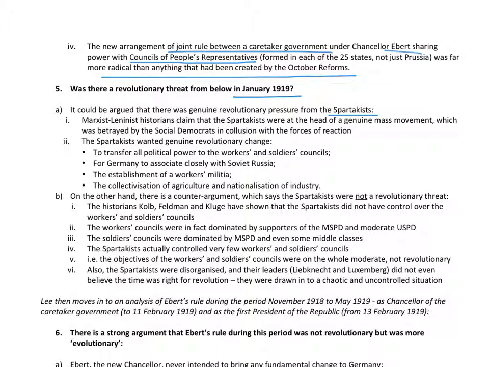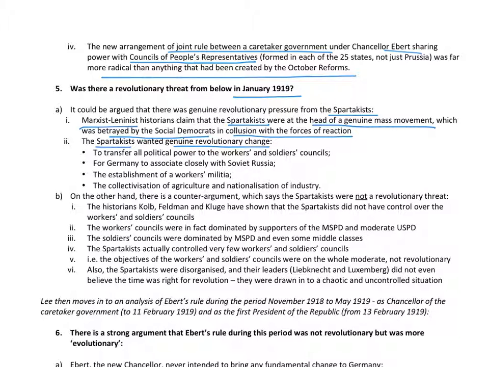Okay. So Marxist-Leninist historians claim that the Spartacist uprising of January 1919, which of course failed, that Luxemburg and Liebknecht headed a genuine mass movement that was betrayed by the Social Democrats. Hebert, of course, colluded with General Groener to put down the Spartacists. But the argument is the Spartacists genuinely wanted revolutionary change.